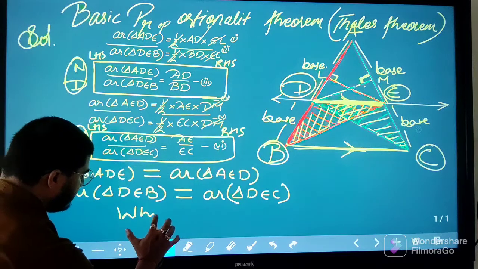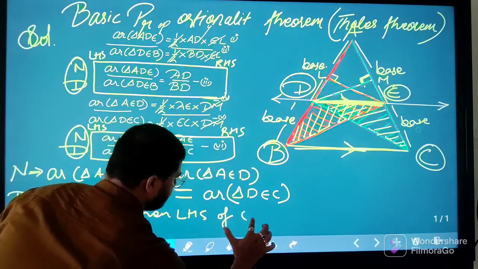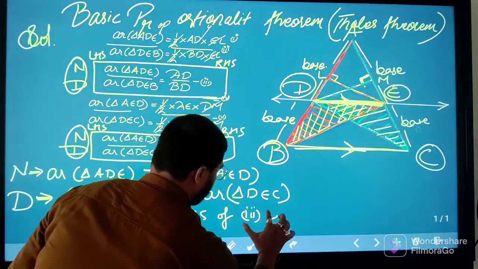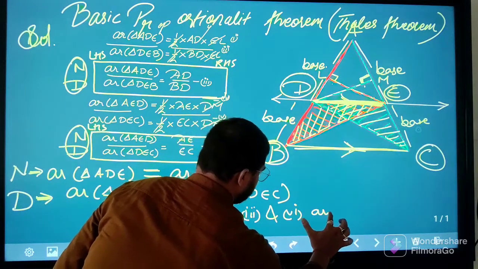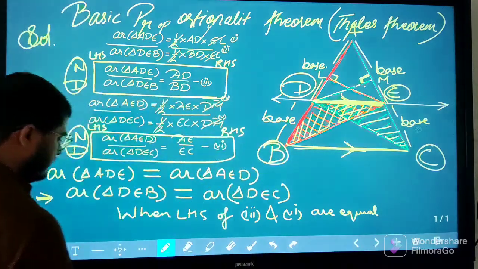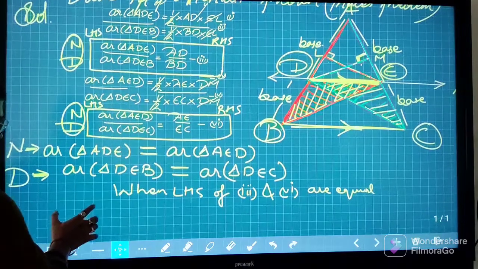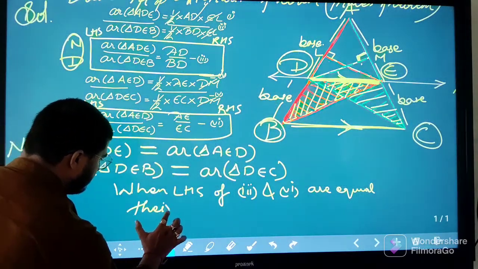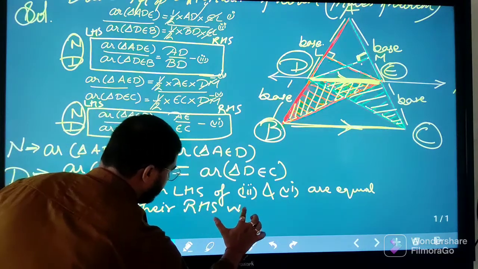We'll say when the LHS of point number 3 and point number 6 are equal, their right hand side will also be equal.